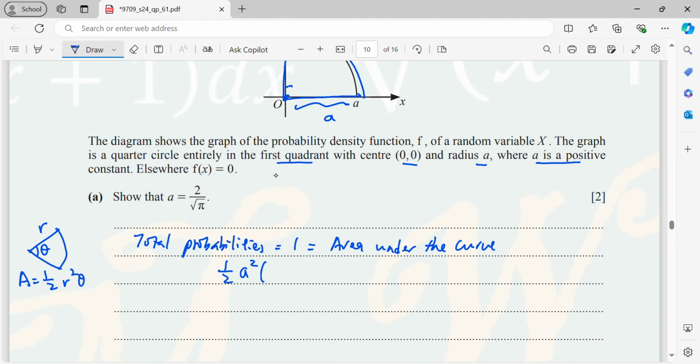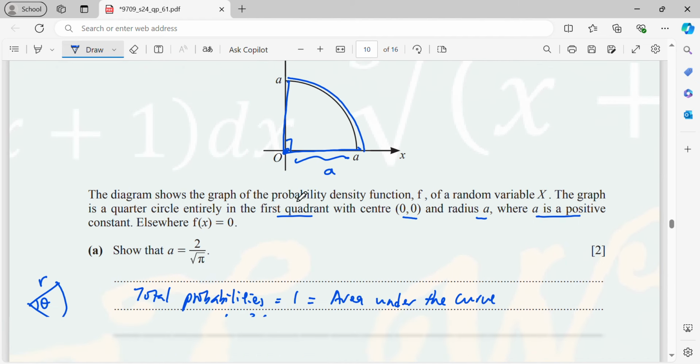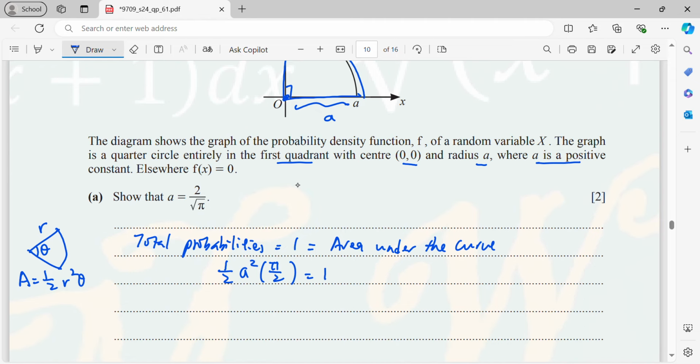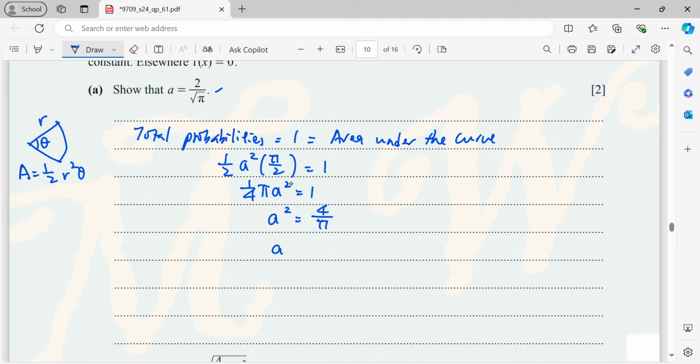The theta is half pi, so pi over 2. And then this is equal to 1. From here we need to show the a. Therefore, I will get 1 over 4 pi times a squared equals 1. Hence my a squared is 4 over pi. Now, to get the a, I will take plus minus square root.